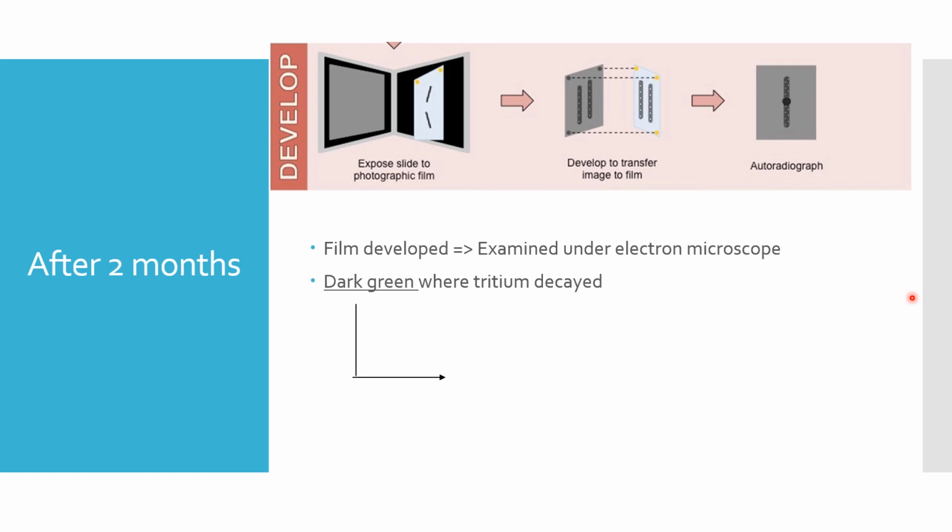The dark green where tritium decayed is the indication of DNA position. Through Cairn's technique, it proves that the prokaryote, which is the E. coli used in this experiment, has DNA which is a single circular molecule, whereas the eukaryote has linear DNA.